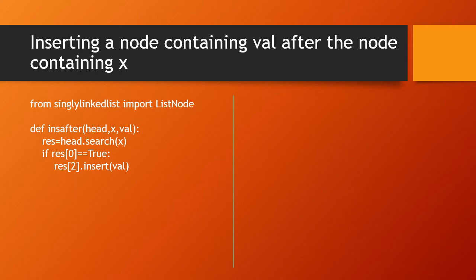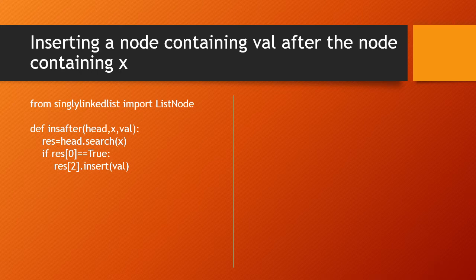The first thing is to import the class list node. The function is called ins_after. It takes 3 arguments: the head pointer of my singly linked list, the value x, and the value val. Now, if you remember, the insert function that we implemented takes a pointer, let us say p, as input, and then it inserts a node after the node pointed to by p.